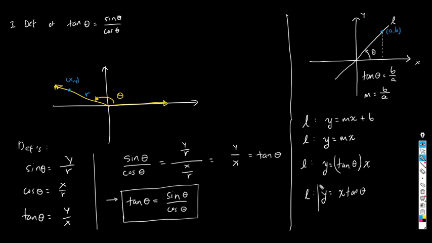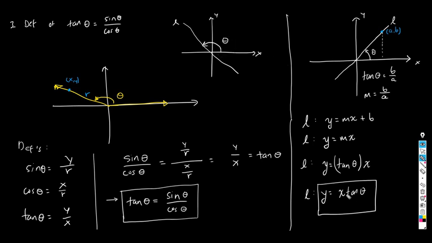So this is another way in which we can write the equation of a line that goes through the origin and has an angle theta. Remember, the angle of a line is the one that you form by starting at the positive x-axis and rotating counterclockwise. If the line was in this way, this is L, therefore the angle is this one. Okay, so this is the new equation for a line in terms of the tangent of its angle.